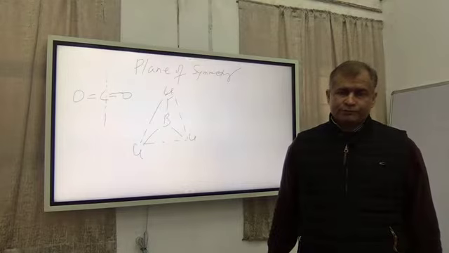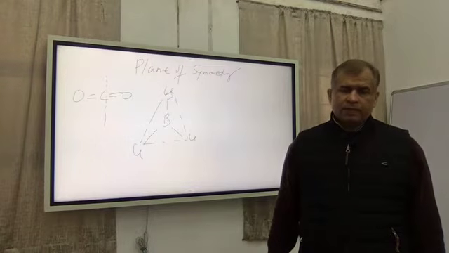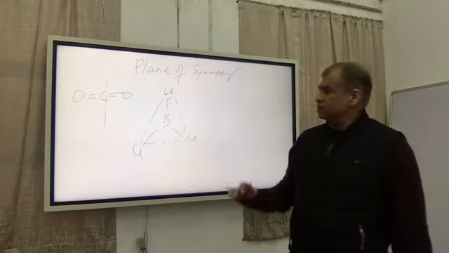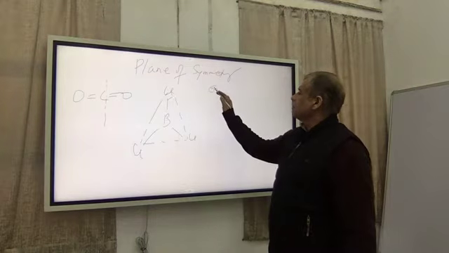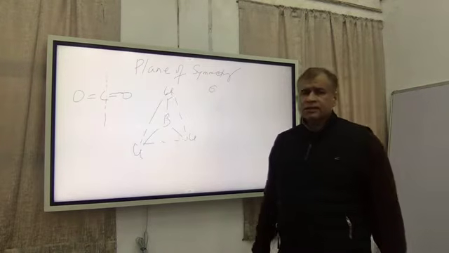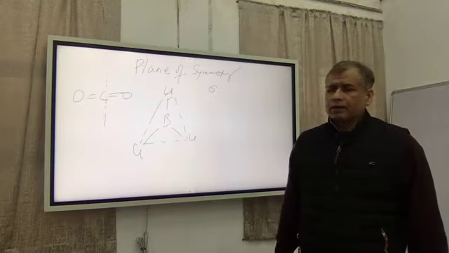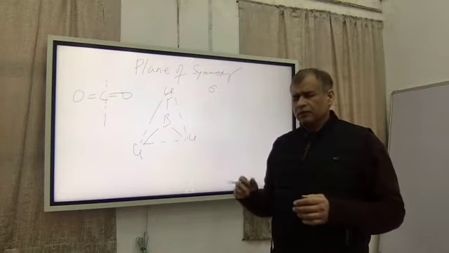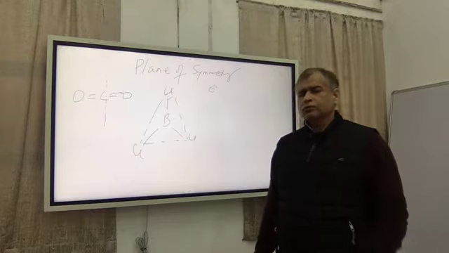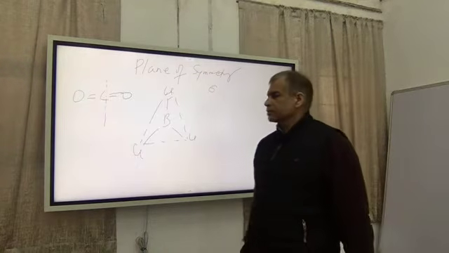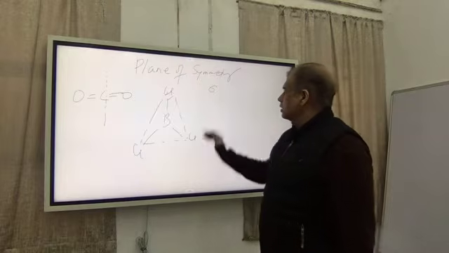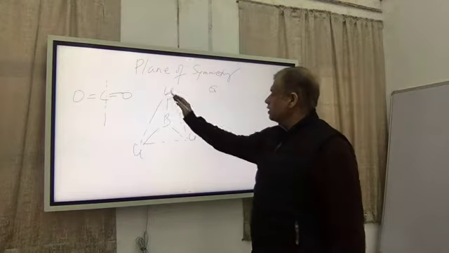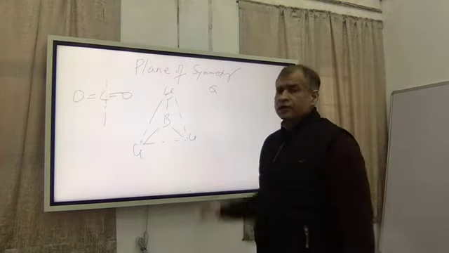So this is a mirror plane of symmetry. Mirror plane of symmetry is given the symbol sigma. It should not be considered 6, it is sigma. And it's generally of 2 types, although there are some other types, but for you, generally of 2 types. This is called sigma H, sigma horizontal. H means horizontal.